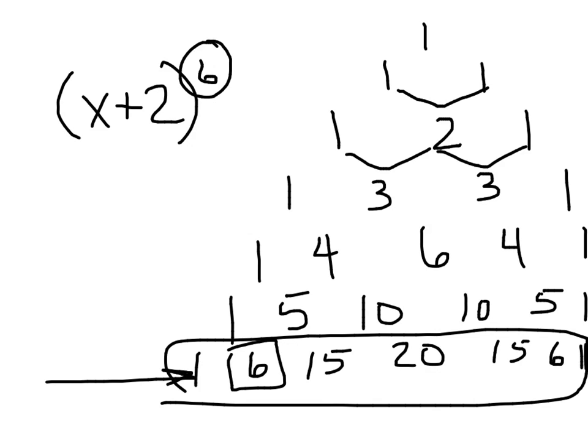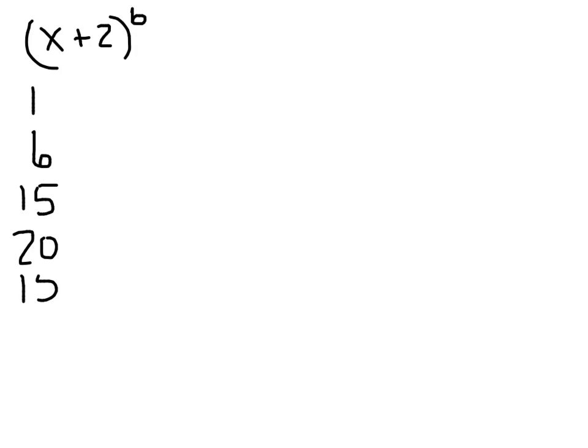Okay, so I've got to get a new slide to show that. First of all, we have x plus 2 raised to the 6th power. Now, listing all those coefficients, we had 1, 6, 15, 20, 15, 6, 1. Those are my coefficients.